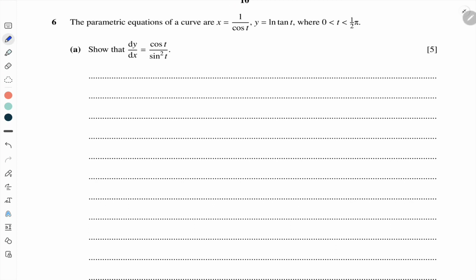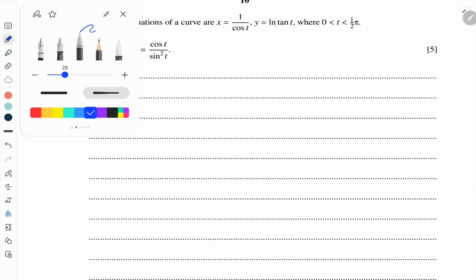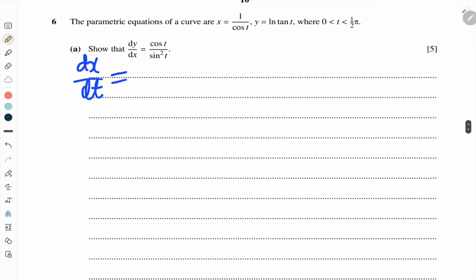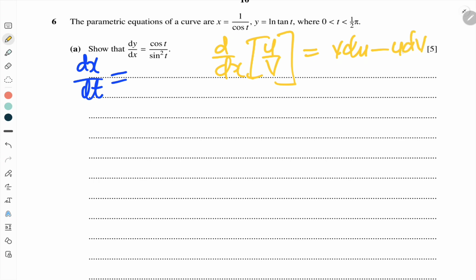So step number 1, we are going to get dx dt, the derivative for that. So this is a quotient, this is a fraction. For our quotients, just a reminder, if you differentiate quotients, this is going to be v du minus u dv over v squared.